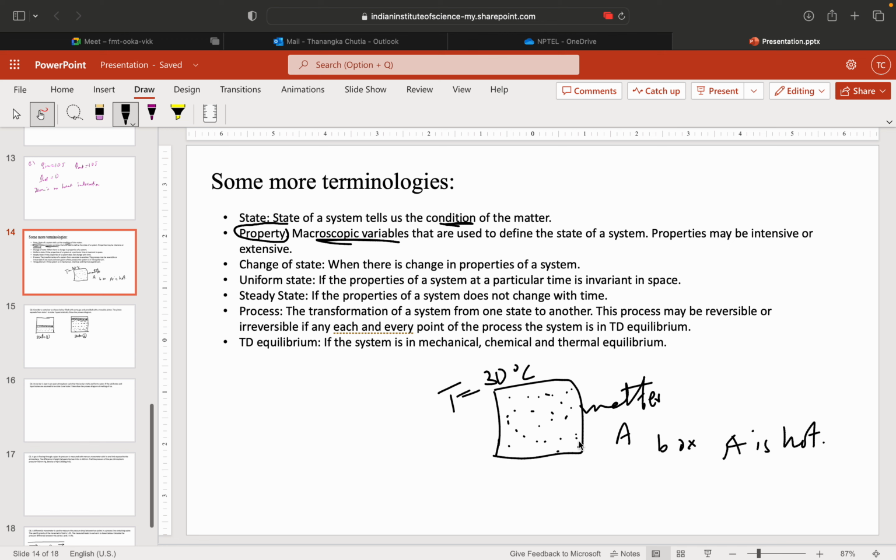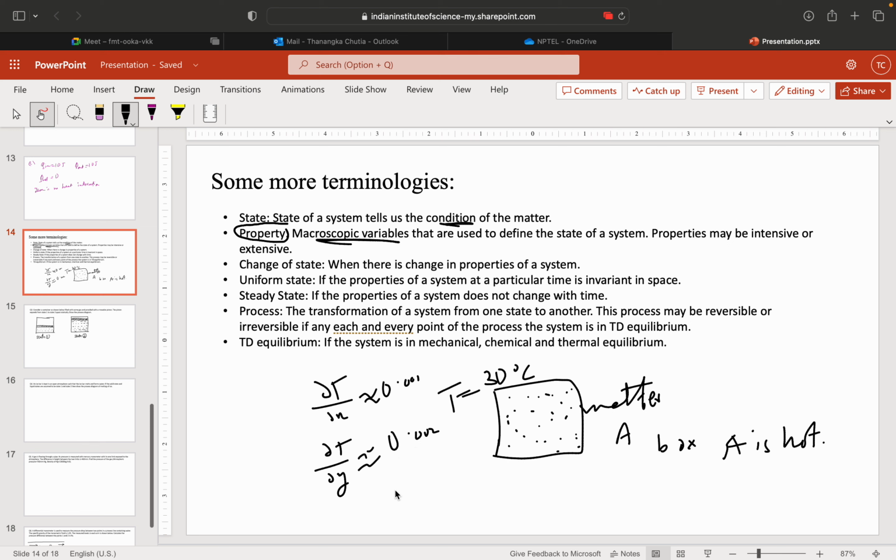Yes, there may be variations, because delta T by delta X, or delta T by delta Y, that gradient in temperature, may be present. But if that gradient is say 0.001, 0.002, after the decimal point, if there are two zeros, we consider this as 0 only.